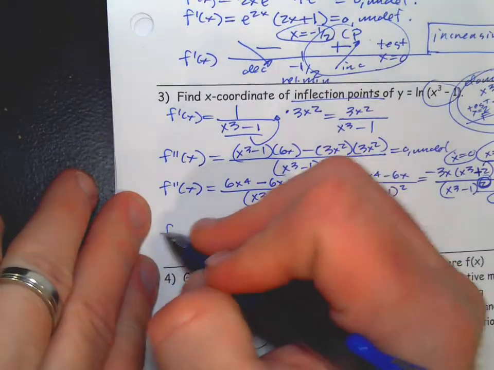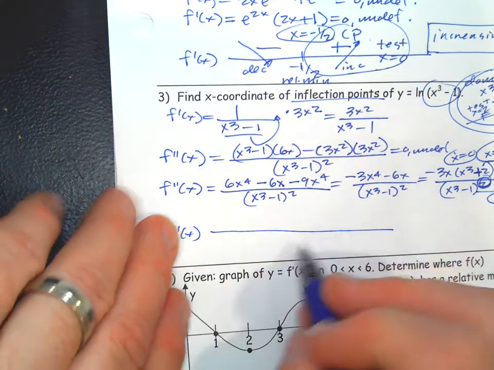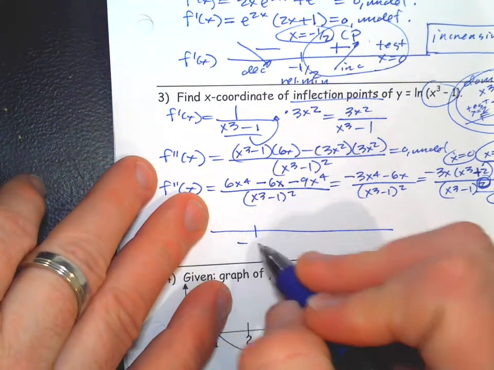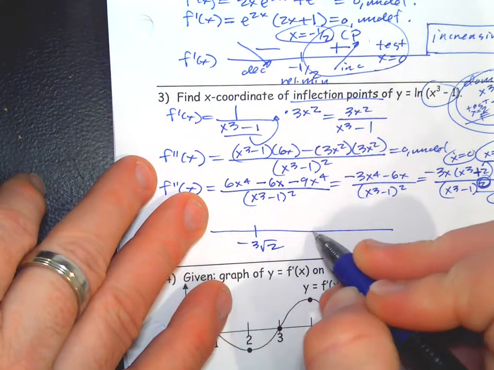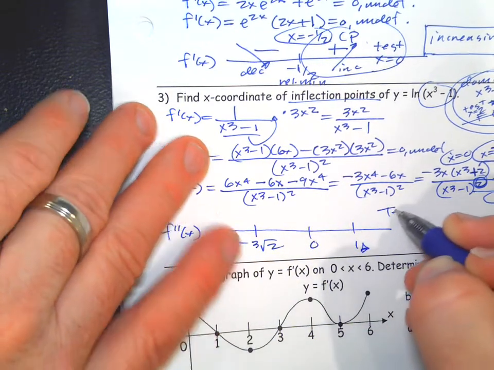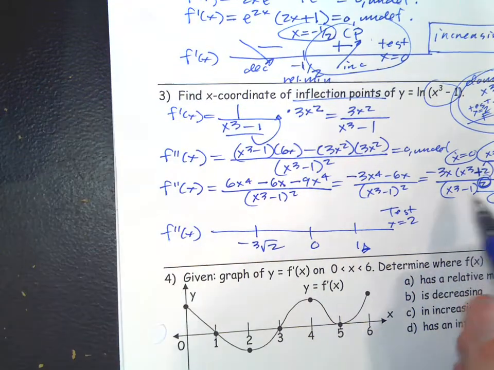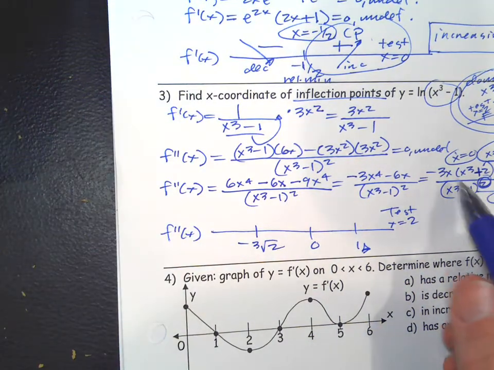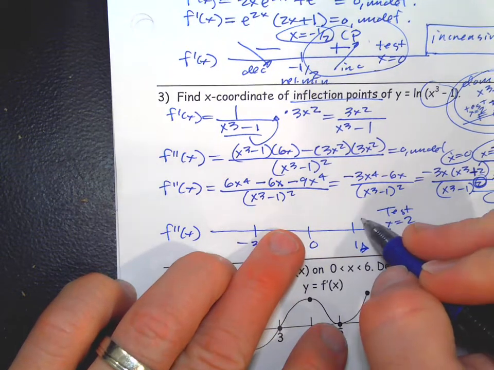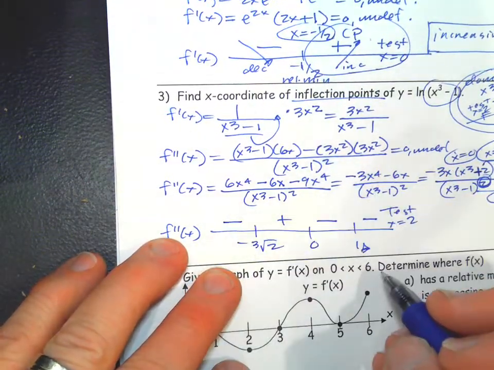Now, if you were to do a line check, not that you need to on this, but just to demonstrate, negative cube root of 2, 0, 1, test a point, x equals 2, I guess. That'd be positive, positive, negative, stays negative, positive, negative, right?